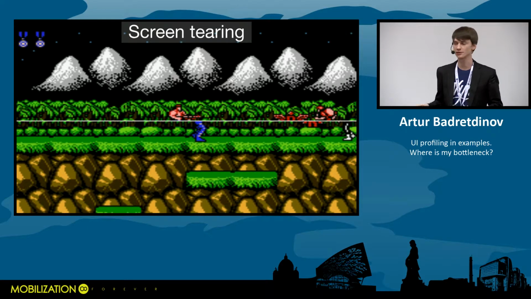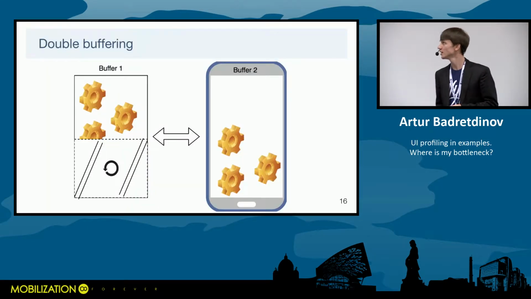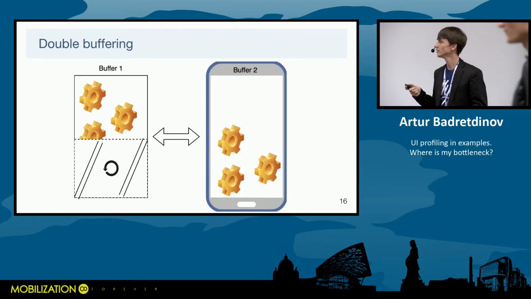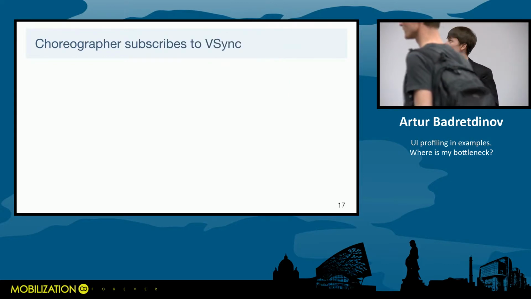And this is not possible in Android because we use a technology called double buffering. One buffer is on the screen, another one gets built. And if the other one is not ready, they won't be swapped. So you won't have this problem of half of one and half of another. Only transactional full ones.